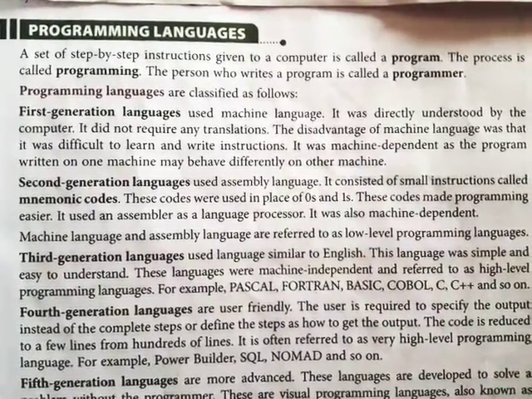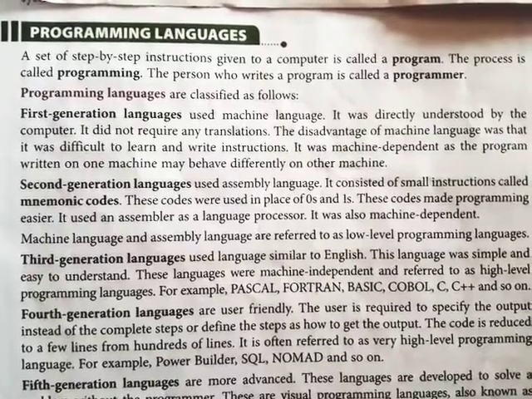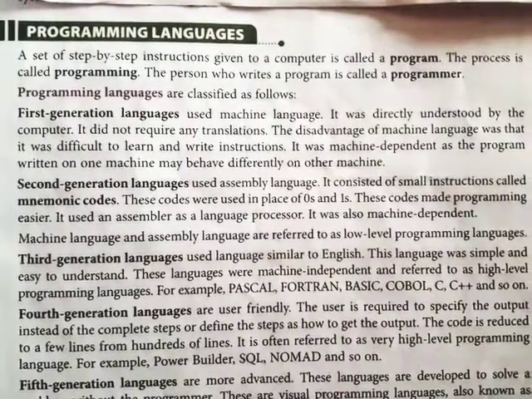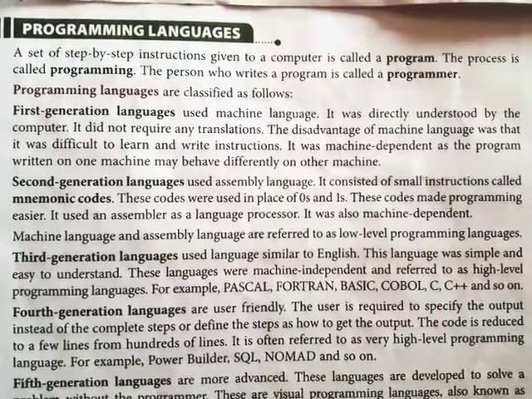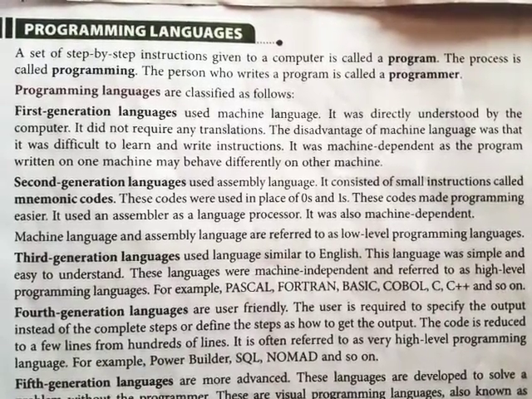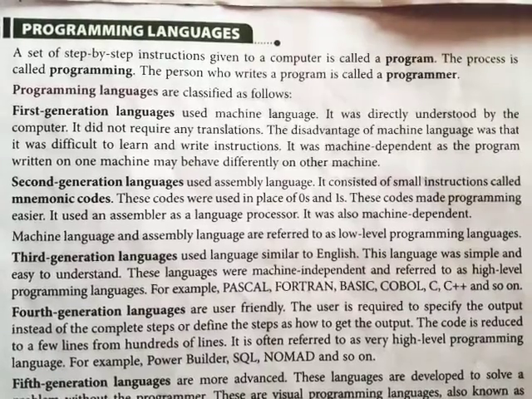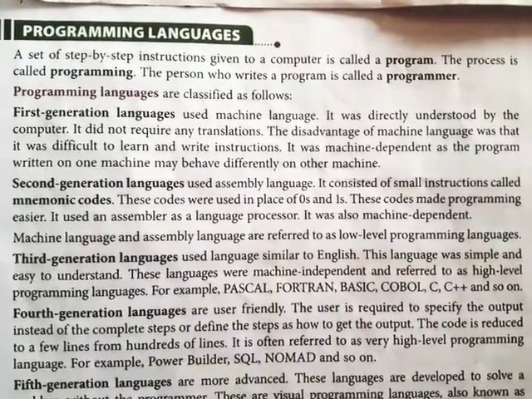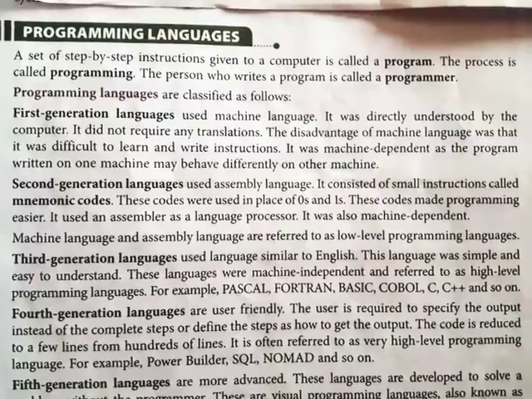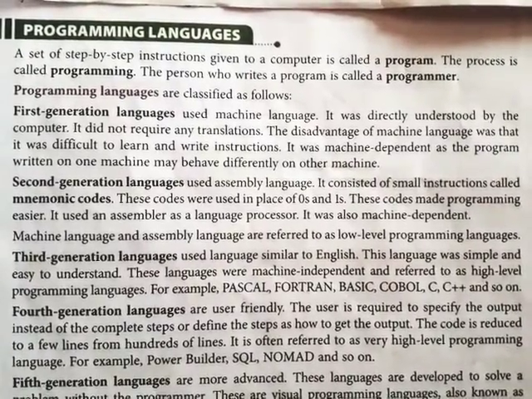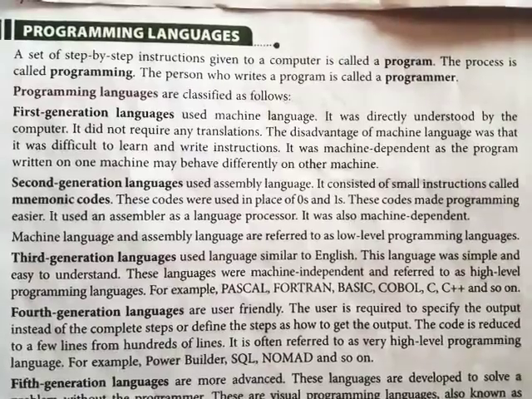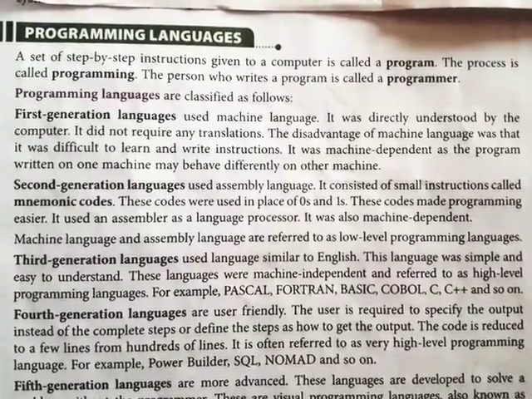Set of step-by-step instructions given to a computer is called program. The process is called programming. So when we give instruction step by step to the computer, it is called program, and this process is called programming. And the person who writes a program is called a programmer.